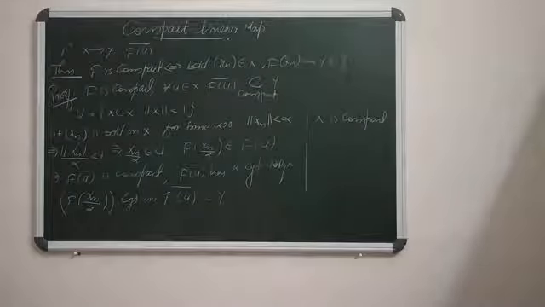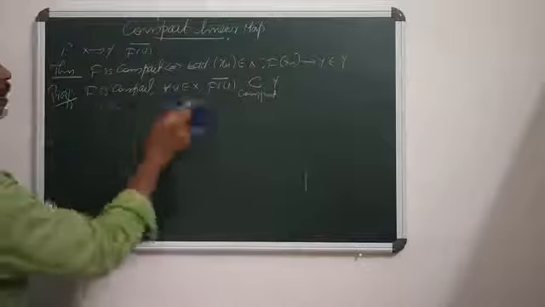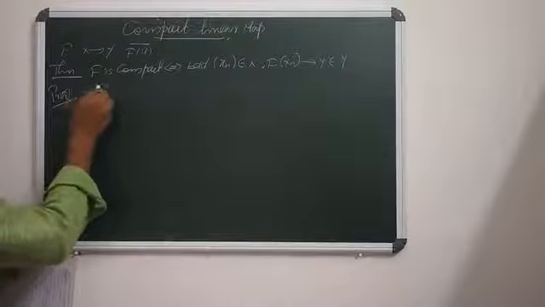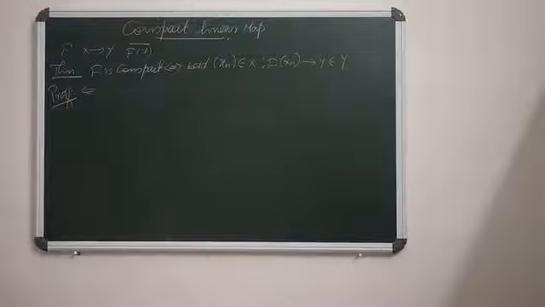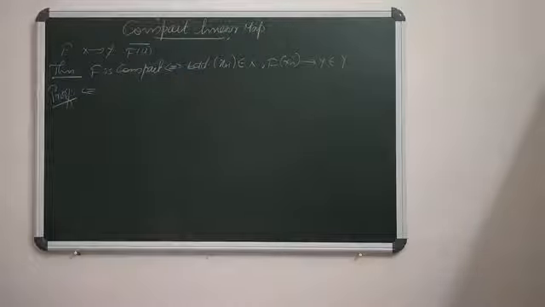Now, come to a reverse argument. What is the reverse argument? Next, suppose that for every bounded sequence xn in x, f of xn has a convergent subsequence in y.